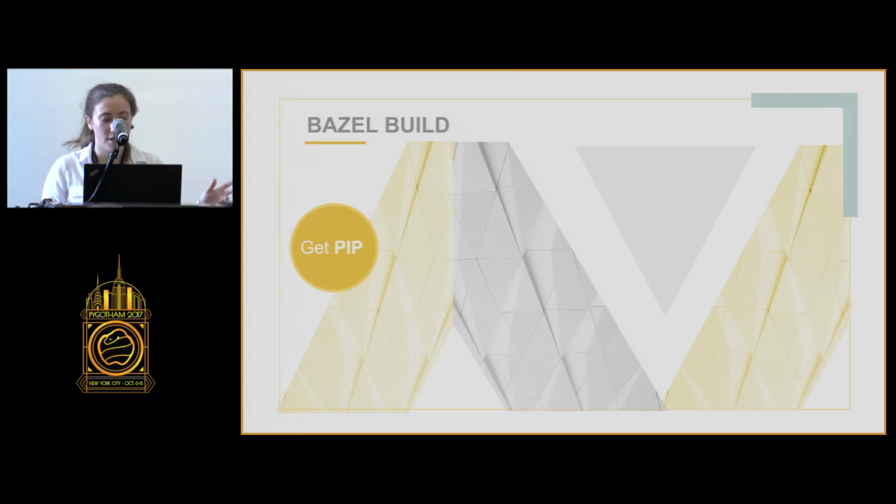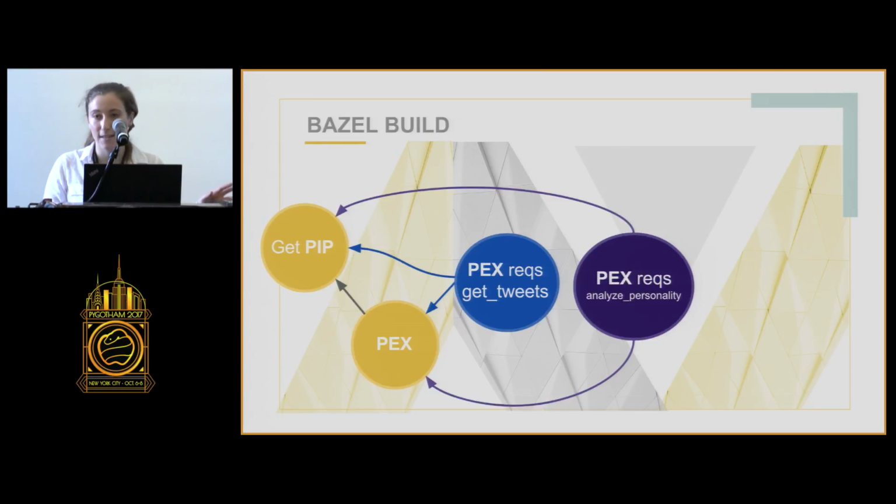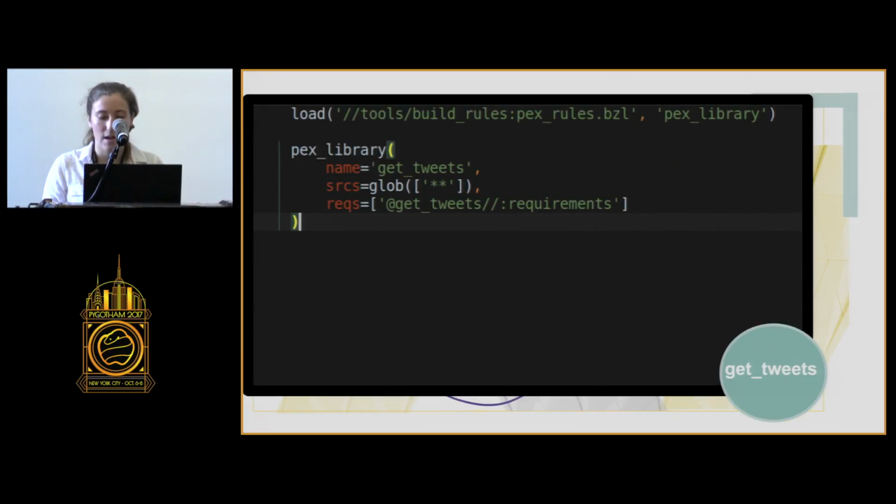So conceptually, the order has to be: get pip in your sandbox, get pex in your sandbox, get whatever the get tweets library requires, which in this case was just that Python Twitter library, get whatever the analyze personality application requires, which was matplotlib and requests, then actually build your get tweets library.